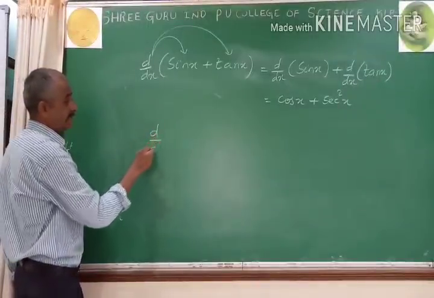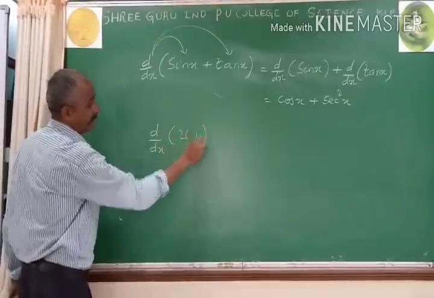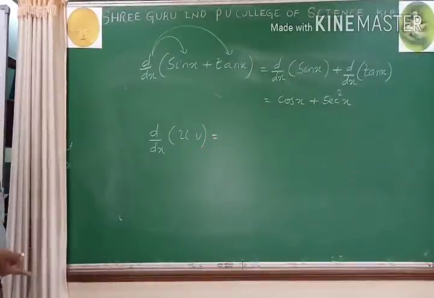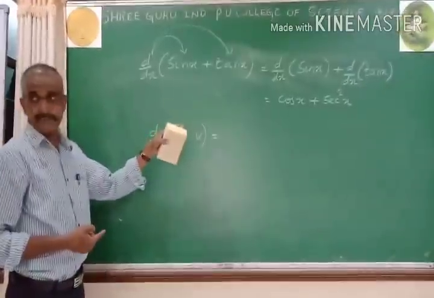It says that d by dx of u multiplied by v means it is a differentiation of product of two functions. In them, one function is u, another function is v.